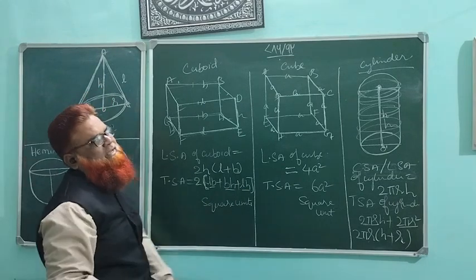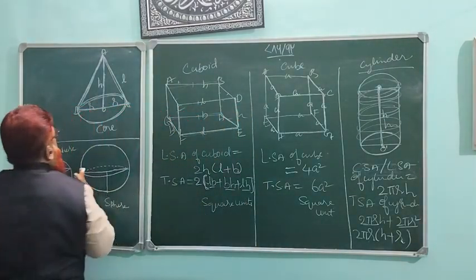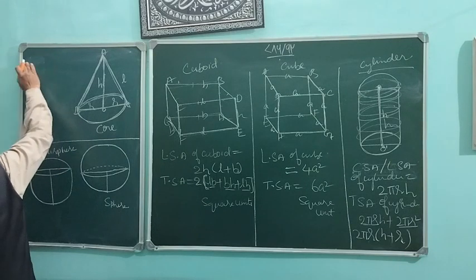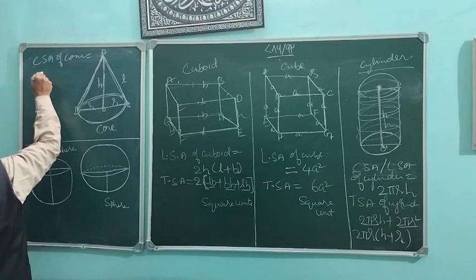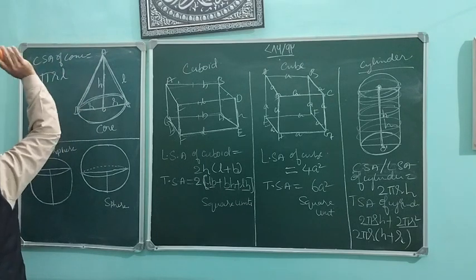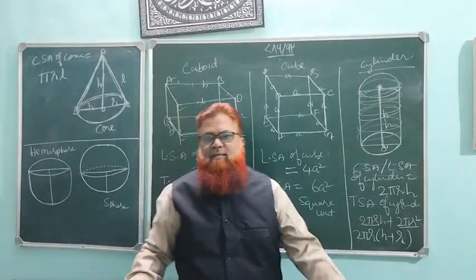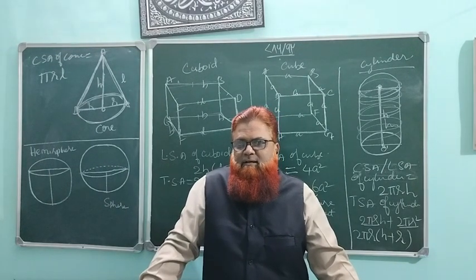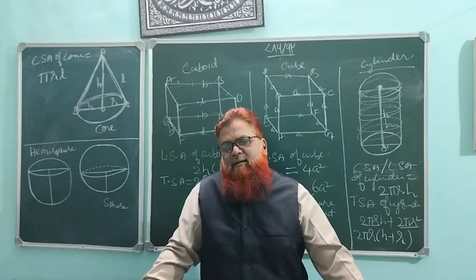As you know, whenever it is a circle, it has a radius. Then the lateral surface or curved surface area, CSA, of a cone is equal to pi r L. Pi r L. What is pi? Pi is a mathematical constant which relates the circumference to the diameter.